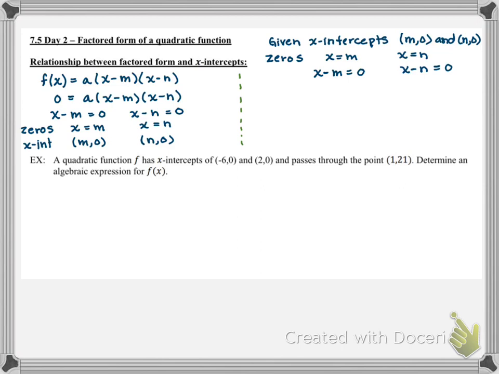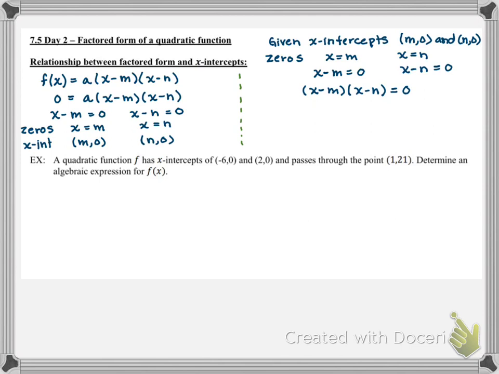Well, if x minus m equals 0 and x minus n equals 0, then multiplying them together will give me 0 as well, right? So x minus m times x minus n equals 0.